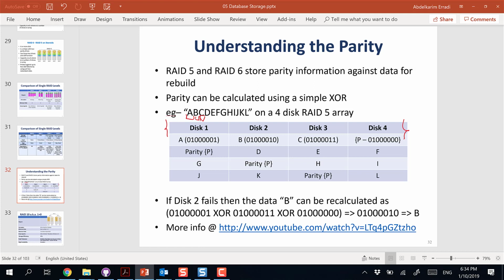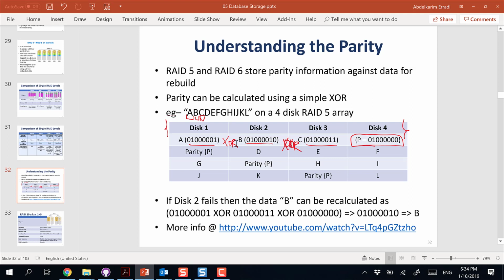But one of the disks will be storing what is known as parity bits. The parity block is computed by XORing at the bit level. You XOR this block with this block with this block.